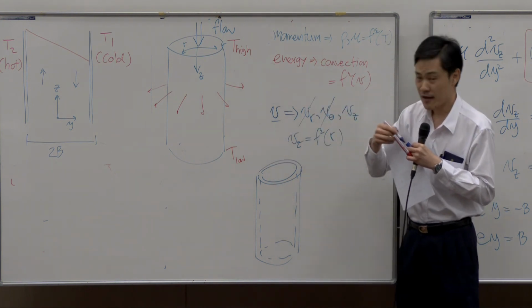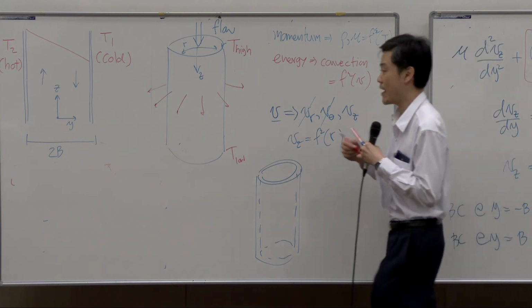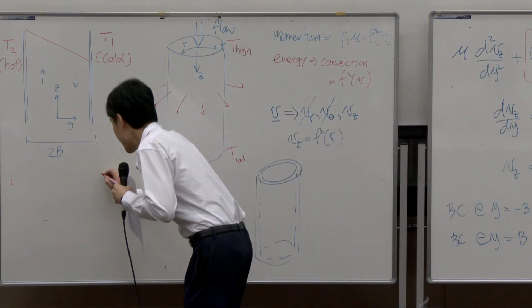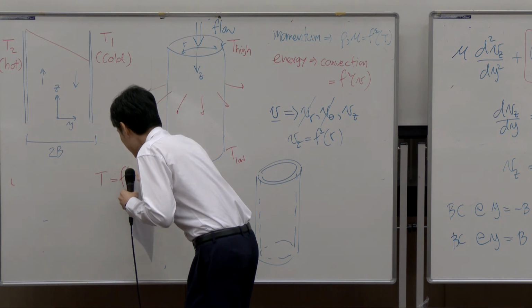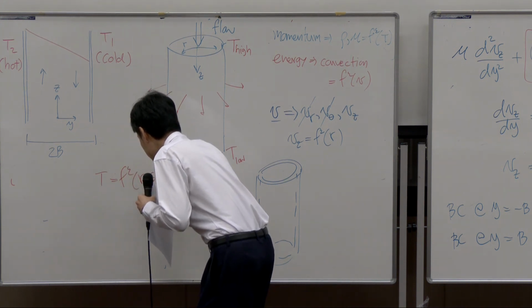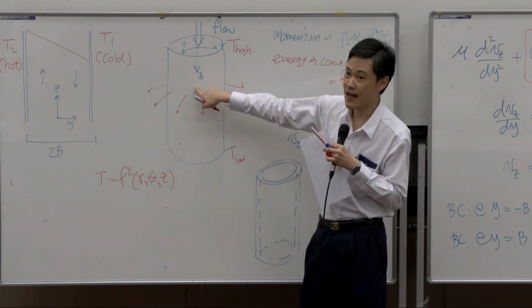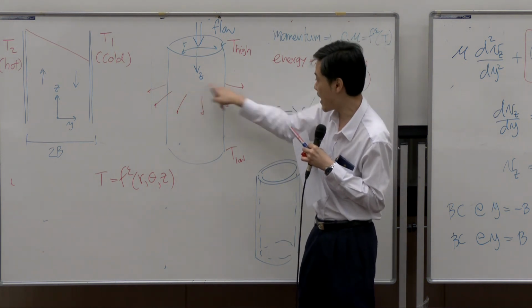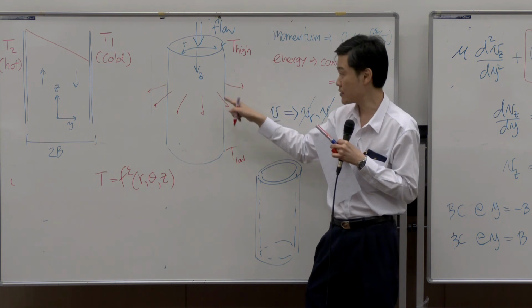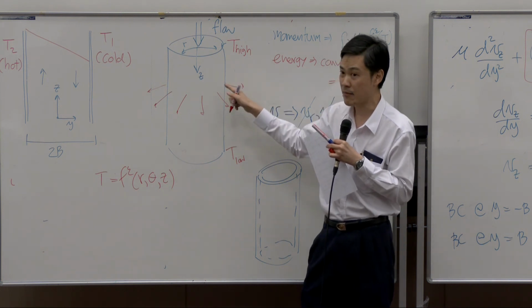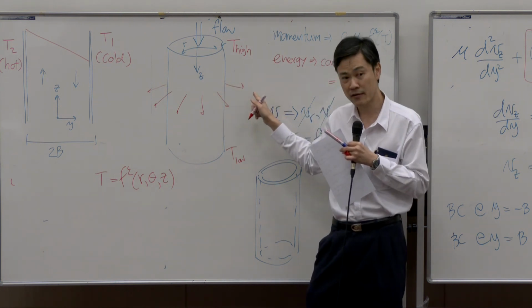For energy, however, now you see that temperature is a function of R for sure. At the center, temperature is supposed to be higher than outside because at the wall, it is somehow connected to cold air.